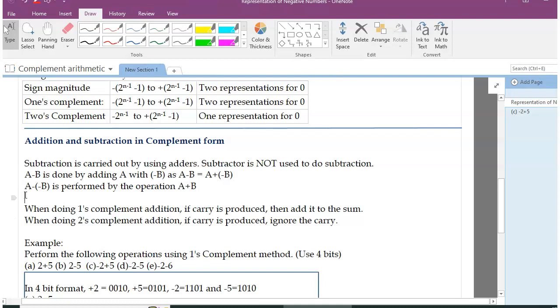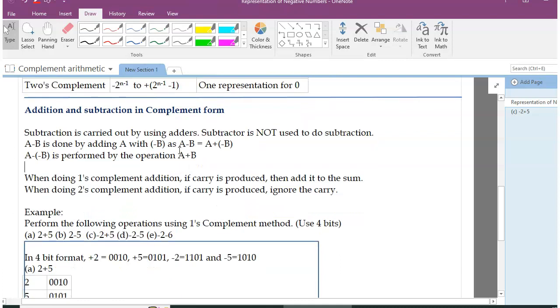Similarly, if you want to subtract minus b from a, meaning we want to perform a minus of minus b, that one is performed by the operation a plus b, minus into minus is plus, right? So for a plus b, we have to write the binary representation for a and the binary representation for b. These two should be added. So only an adder is used to perform both addition as well as subtraction.